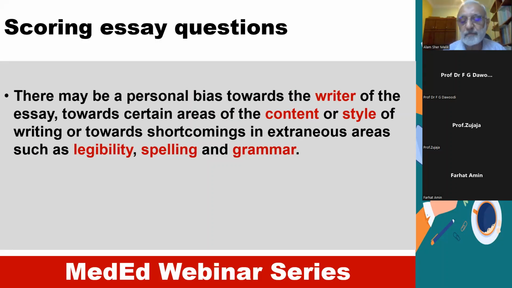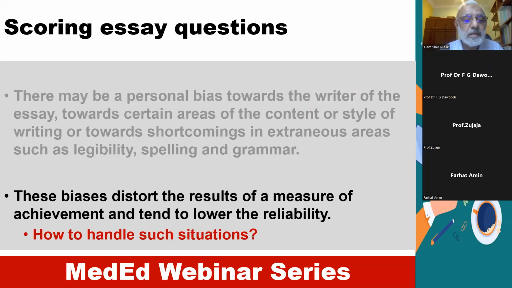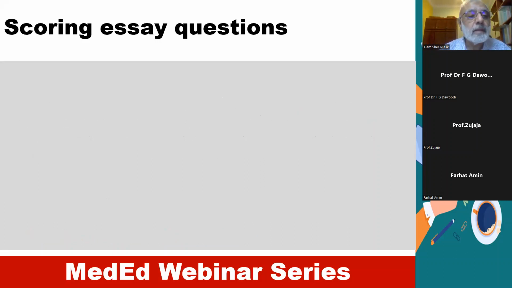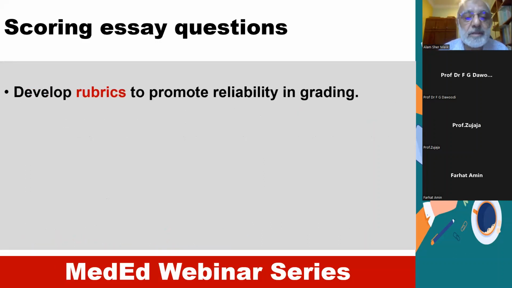We all know, if we have been marking these essay questions, that legibility can be a big problem and might be irritating for the scorer, and that would lead to penalizing the students for that. These biases distort the results of a measure of achievement and tend to lower the reliability. How to handle such situations? The answer is to develop rubrics to promote reliability in grading.